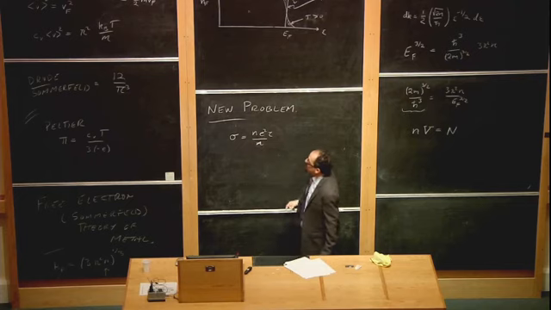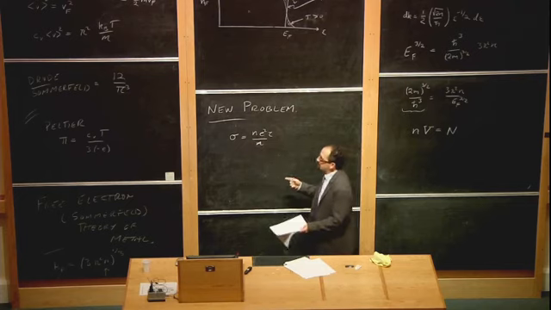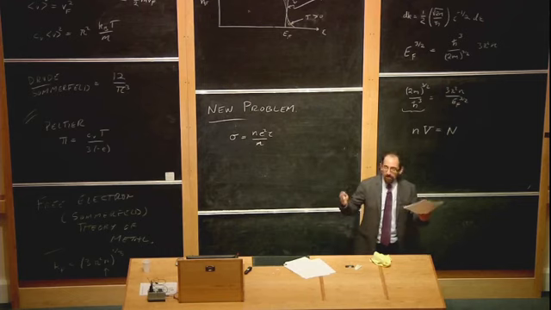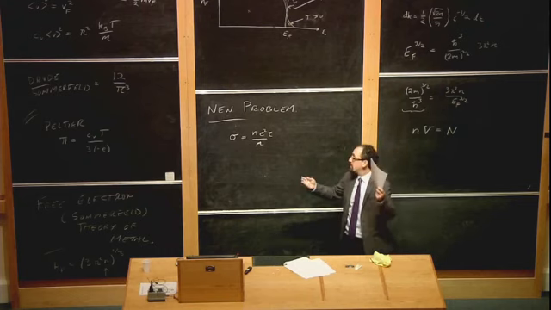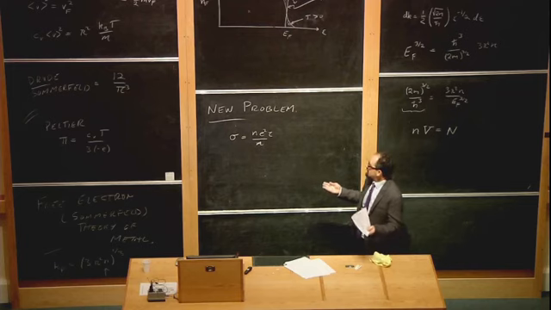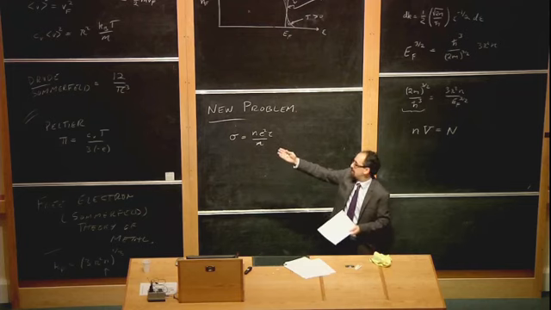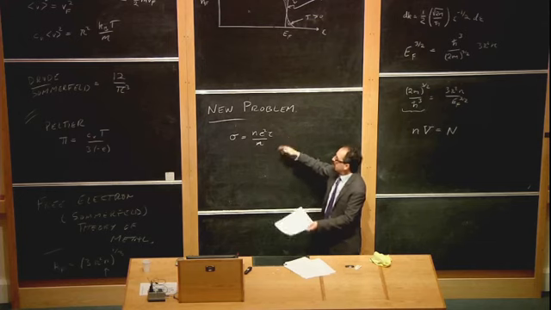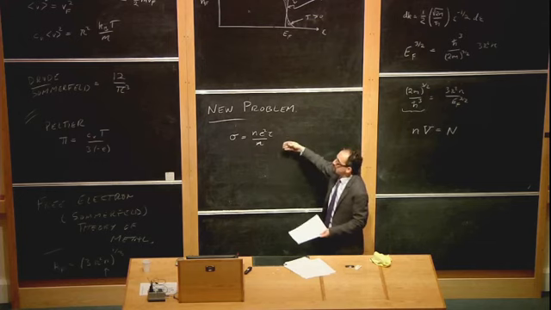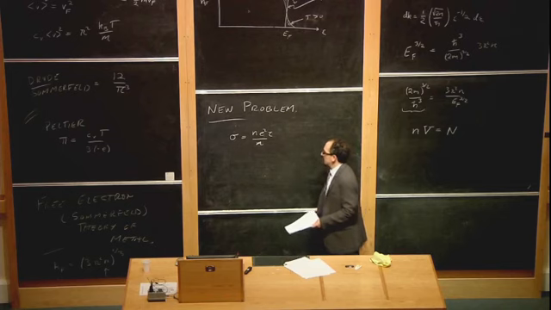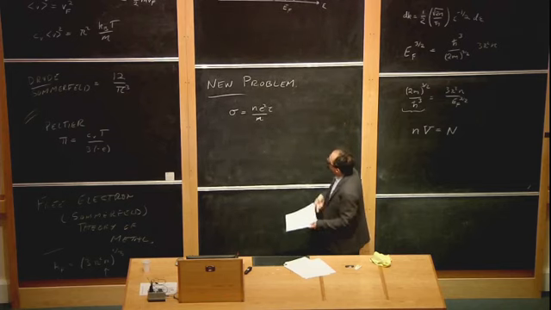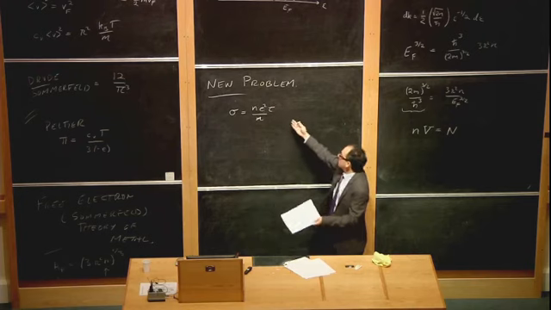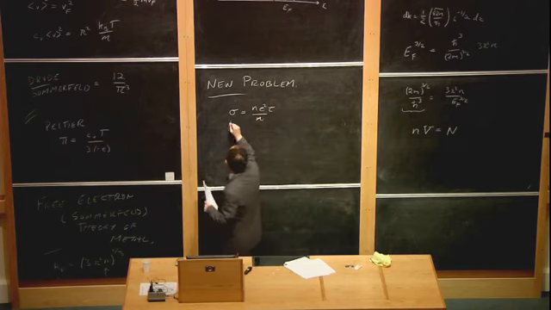It better be the same prediction because we wanted to get the right ratio of thermal conductivity to electrical conductivity, and we didn't change the thermal conductivity much, so we better not change the electrical conductivity much either. So more or less, up to maybe a factor of 12 over pi cubed, we expect that the conductivity should be given by this expression. So probably this expression is a good one to stick with. And we don't know tau, but we can measure sigma.